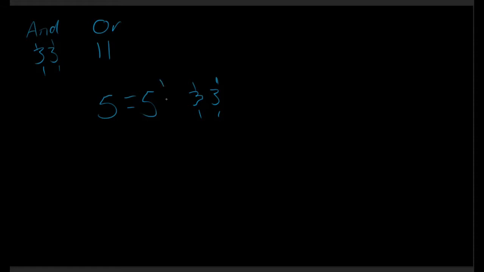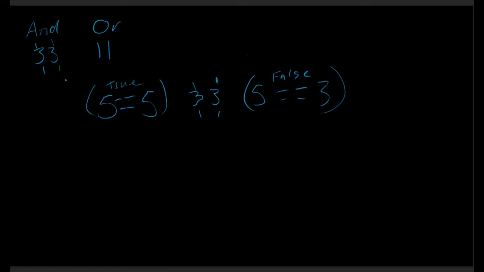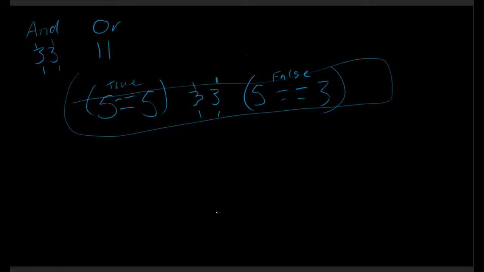So I said 5 equals 5 and 5 equals 3. This whole thing is going to evaluate to false, because this needs to be true, which it is, and this needs to be true, which it isn't. So we have a true and a false situation there. For this entire thing to be true, both components have to be true.